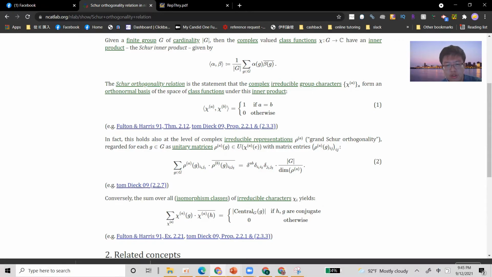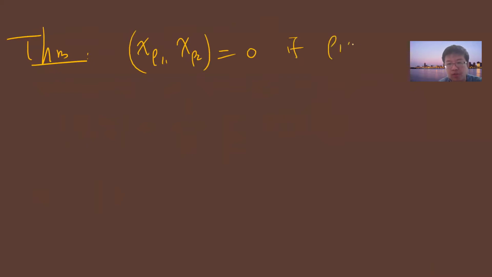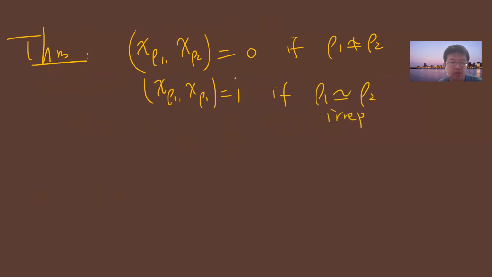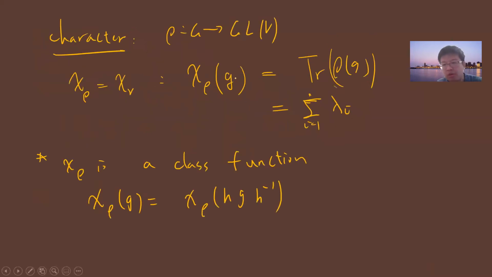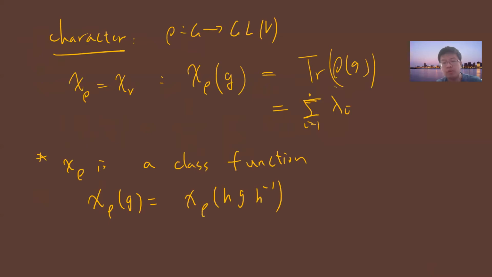This is the main part in group representation. What I am going to show is that the inner product of chi_rho1 and chi_rho2 is 0 if they are not the same rep, and the inner product of chi_rho1 with itself is 1 if they are the same rep. From now on, these results only work for irreducible representations.